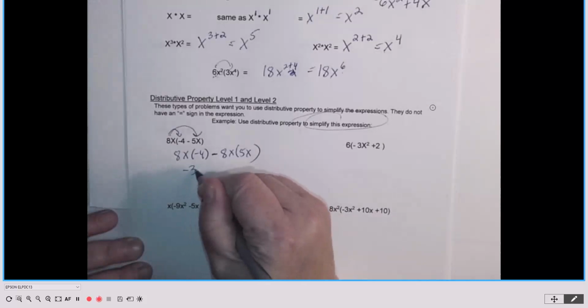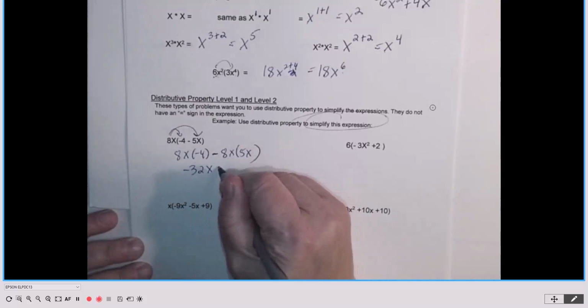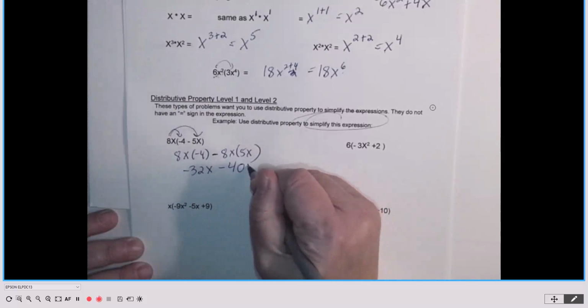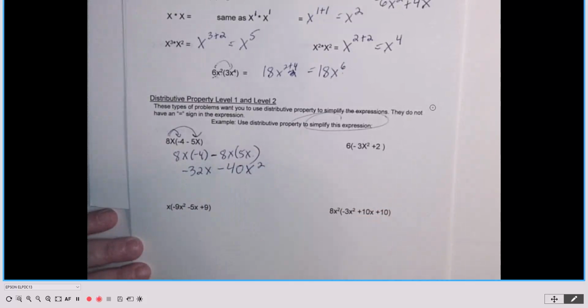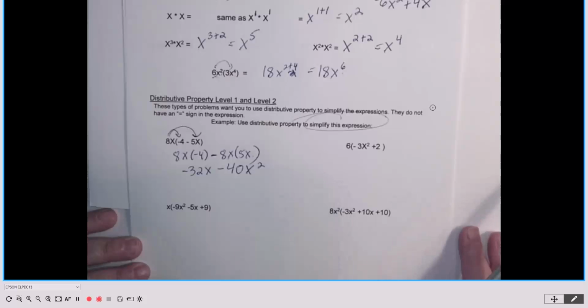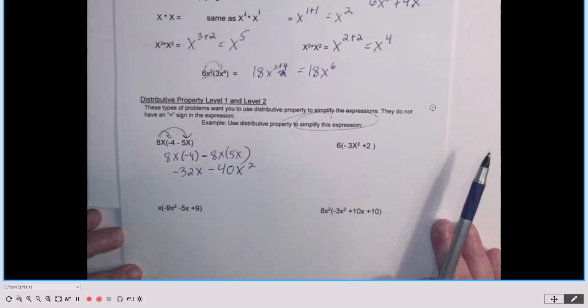When I do that, it becomes negative 32x minus 40x squared, right? I have x times x, so that becomes x squared. And that is simplifying that expression. Remember, it's an algebraic expression when it doesn't have the equal sign, and it's an algebraic equation when it has the equal sign.